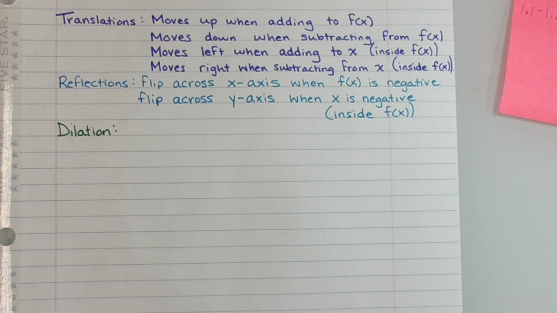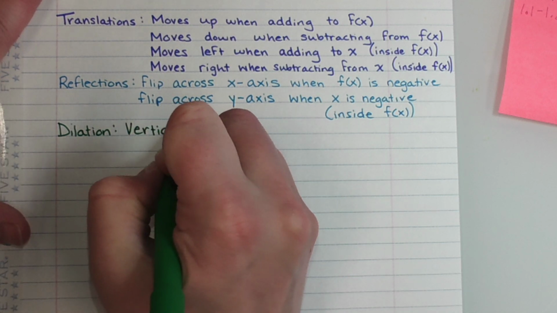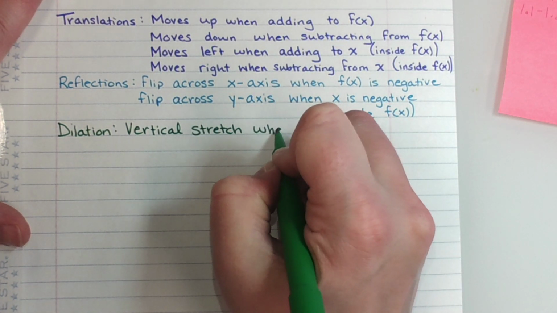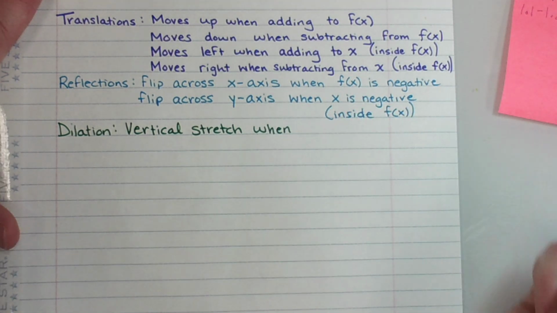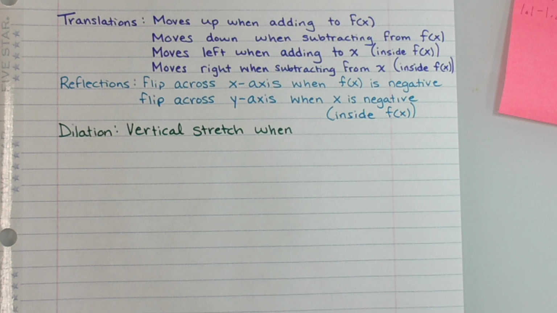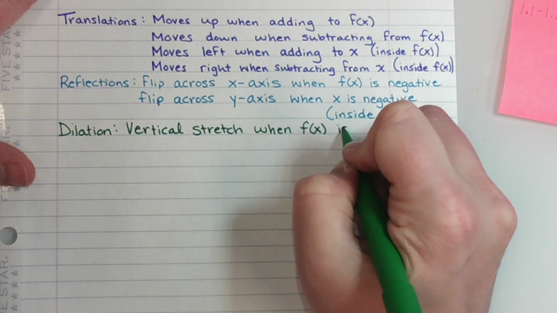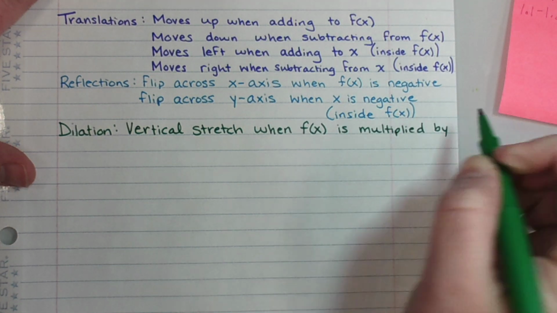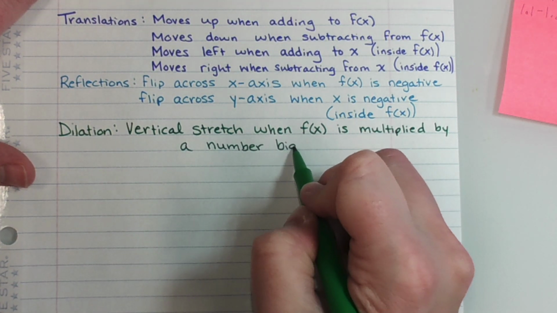Went through a dilation. In other words, a stretch or a shrink. We're focused in on vertical for now. It is a vertical stretch when f of x is multiplied by a number bigger than 1.